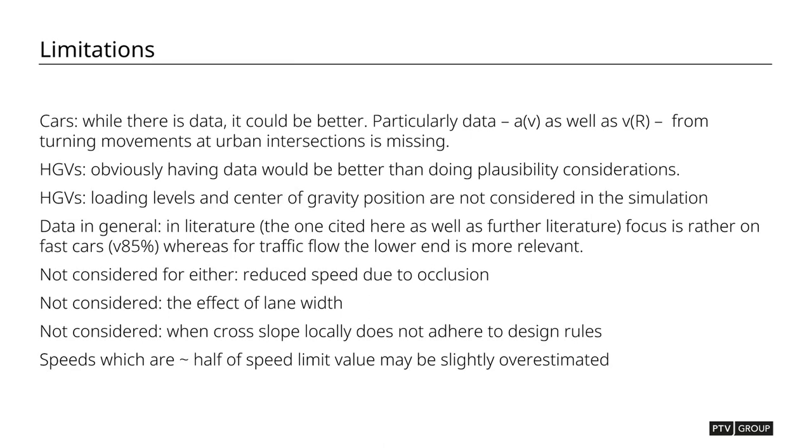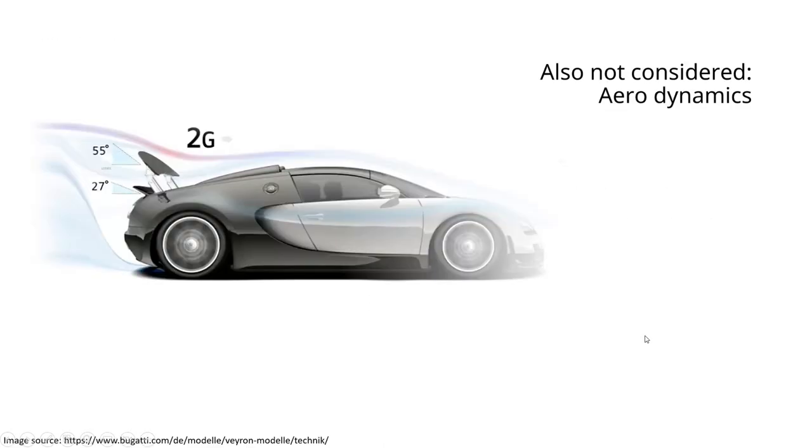And due to the formalism which led finally to the default function, speeds which are around half the value of the speed limit might be slightly overestimated in Vissim with the defaults as they're used. And another thing which is not being considered is effects of aerodynamics.